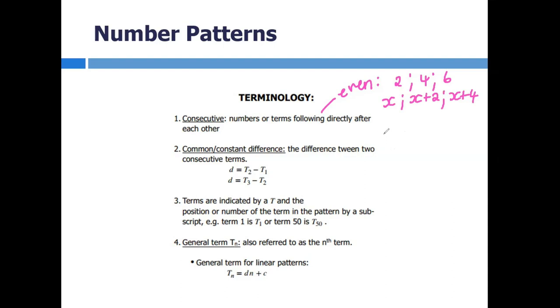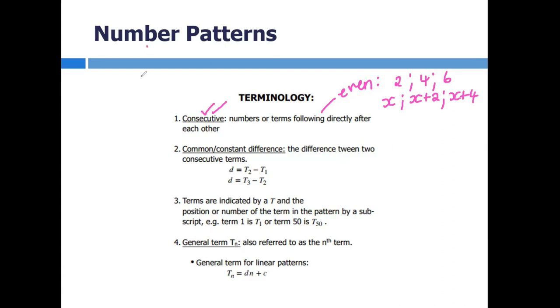So you need to be able to understand when you hear the word consecutive. Don't just go quickly and say, oh, consecutive, I know it means one after the other, 3, 4, 5. Read again and understand. Are we talking about odd numbers? Are we talking about even numbers? Are we talking about perfect squares? So it's a lot. So please understand that.